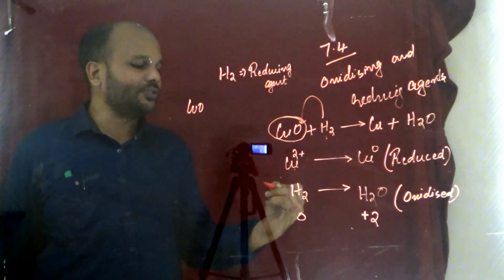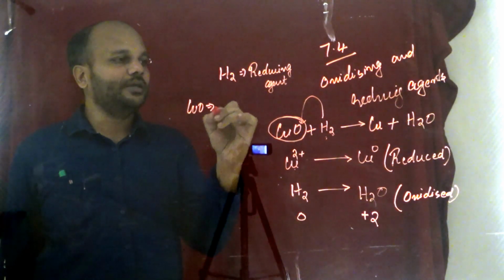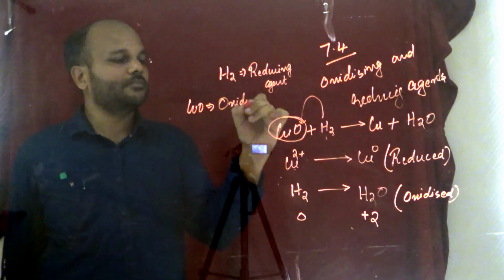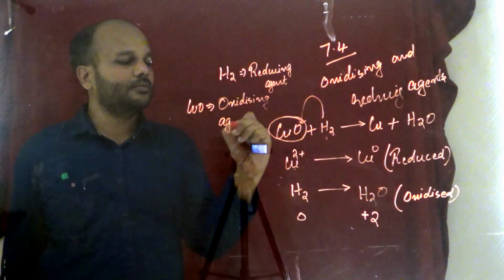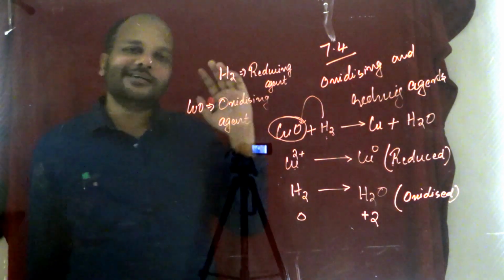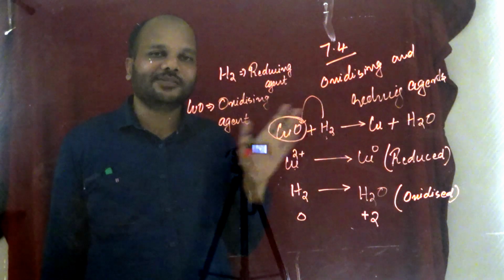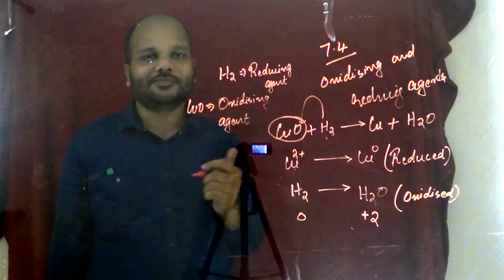Because hydrogen's oxidation state changes from 0 to +1. So copper oxide is the oxidizing agent. The definition is pretty simple. A reducing agent is any agent which is reducing another substance. An oxidizing agent is any agent which is oxidizing another substance.